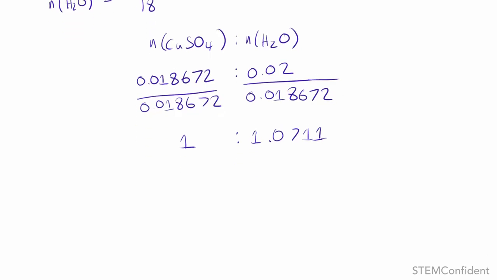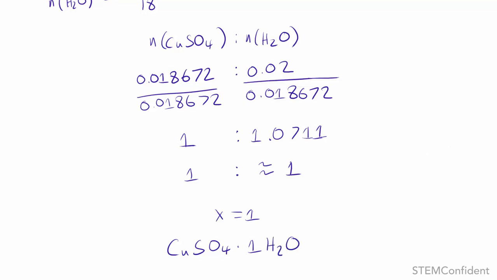At this stage, you probably have noticed that this is very close to 1. We're going to do some rounding at this stage. We're going to round this side to the closest integer value, and if you do that, of course, you're going to get 1. Because of that, what we can conclude is that the value of x is actually 1. So x is equal to 1, therefore it's going to be CuSO₄ and then 1 H2O.